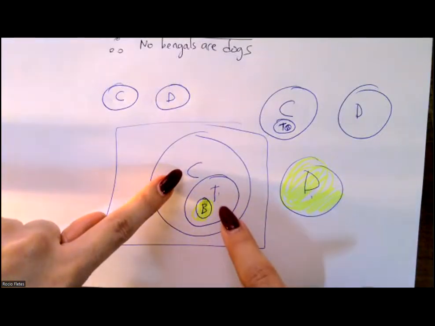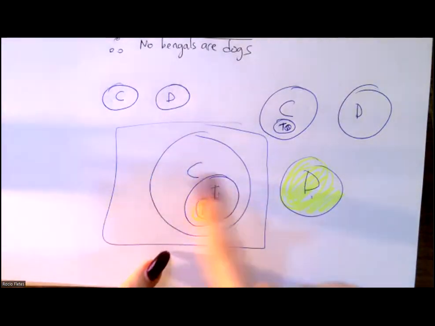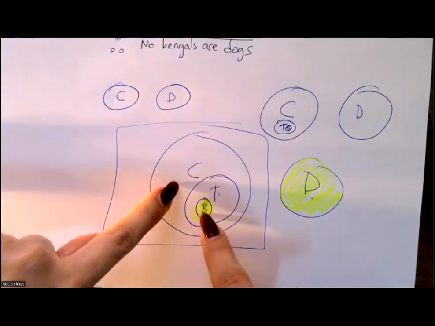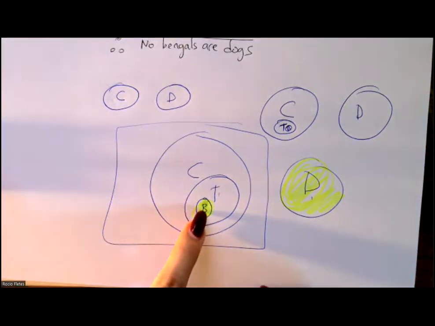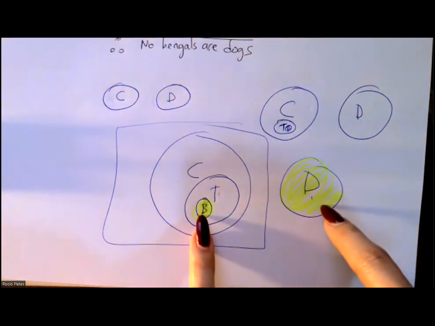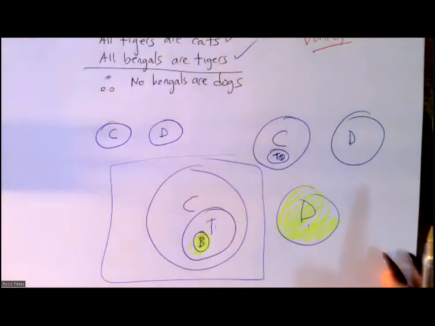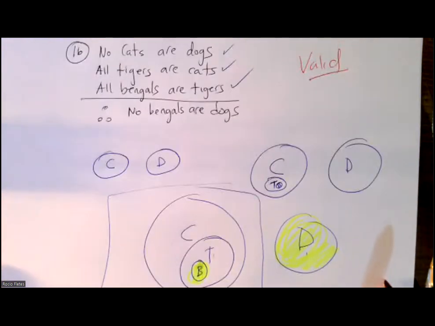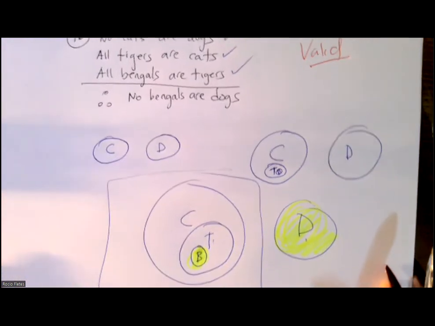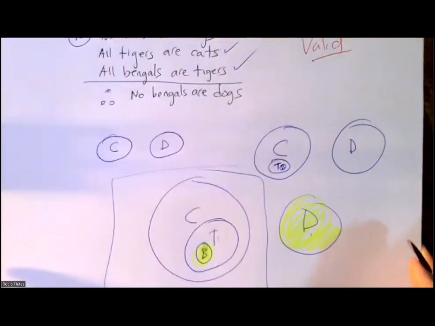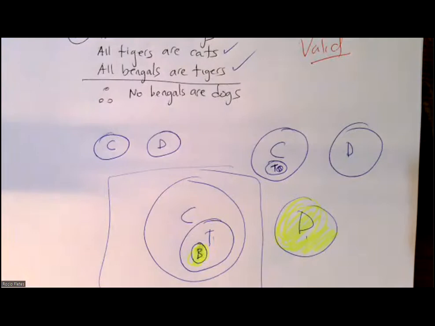Then all tigers are cats, so T is inside of C, and all Bengals are tigers, so B is inside of T. Therefore, B and D have no elements in common, so we can say that no Bengals are dogs. That's a valid argument. This one is straightforward. I like this for a test question. And if you were here, you would probably agree.